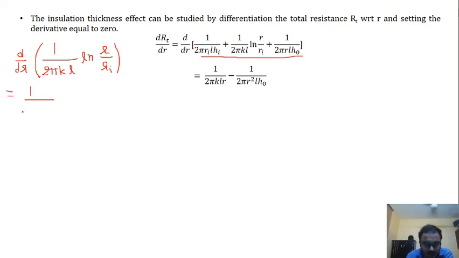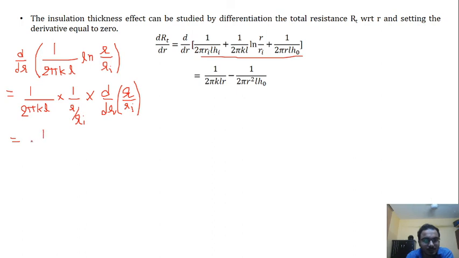Then the constant term 2 pi kl will come out, and the differentiation of ln will be 1 upon r divided by ri, multiplied by d upon dr of r upon ri. This is based on simple mathematics.